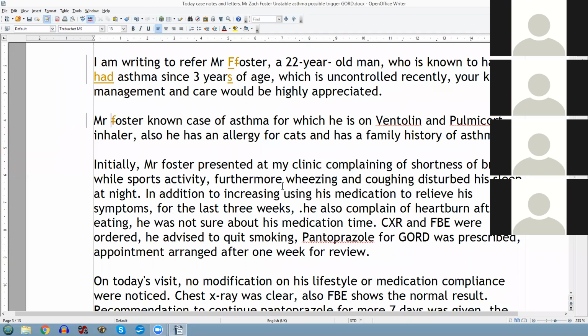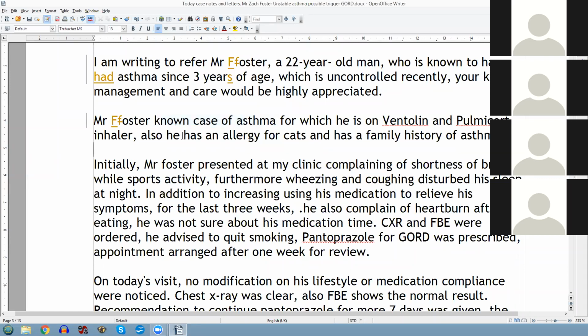Again, make it capital: Mr. Foster. "Known case." Well, we need some kind of verb here, so an auxiliary verb. So either Mr. Foster is a known case, and again, we know this. You have mentioned it in the introduction, so why have you said it twice?